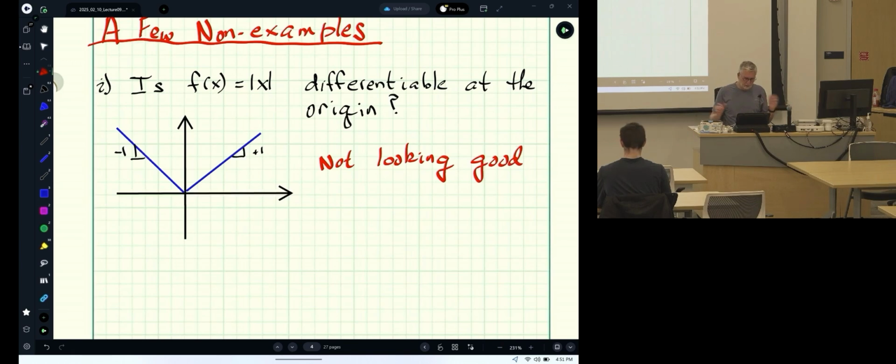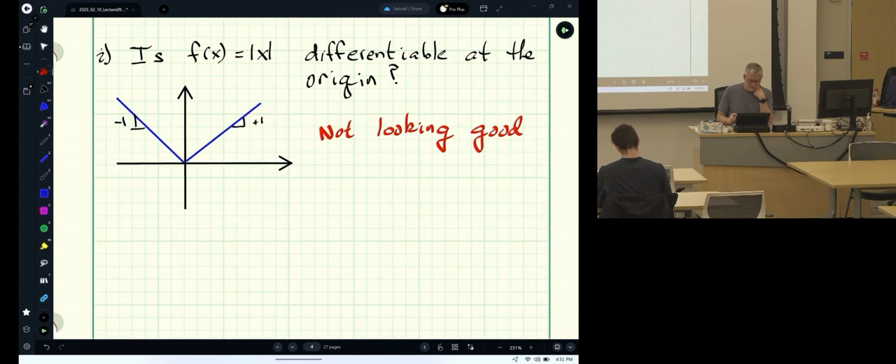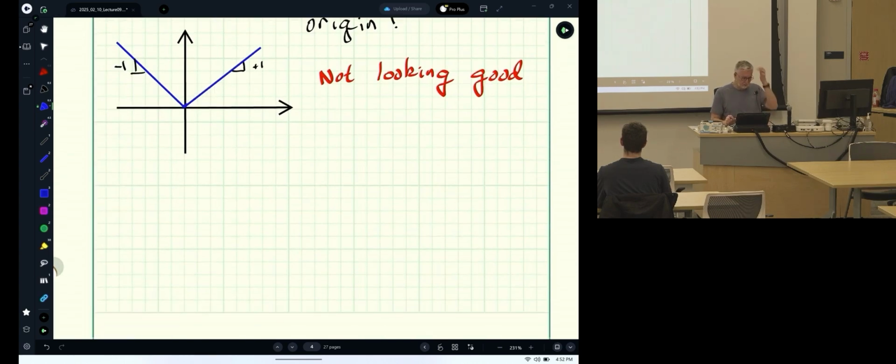Our intuition is that when something has a kink in it, I think that word was used last week, it's unlikely to be differentiable. So how do we actually show that?